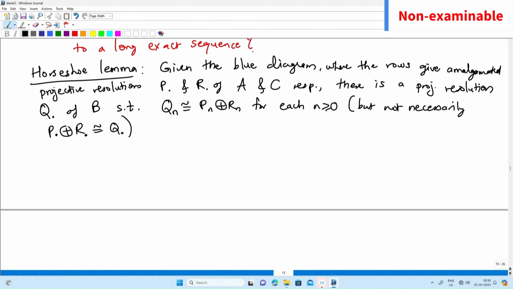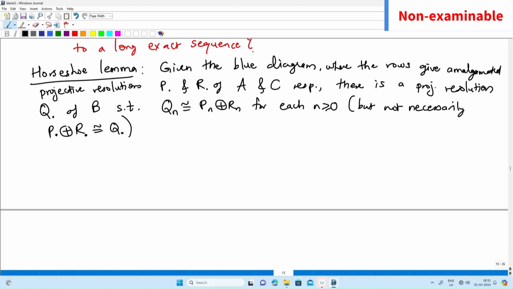Okay, so I'm saying that I have direct sum of projective modules at each component, but I do not have direct sum of chain complexes. Okay, so blue diagram with exact rows and columns.